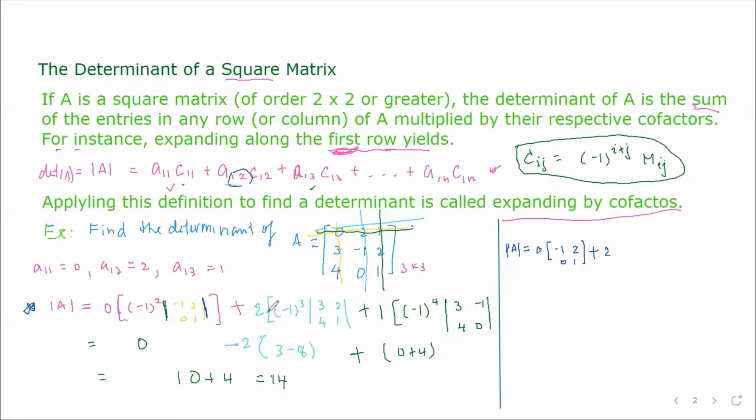So this one becomes negative 1 to the power 3. But then we take the determinant of this one.